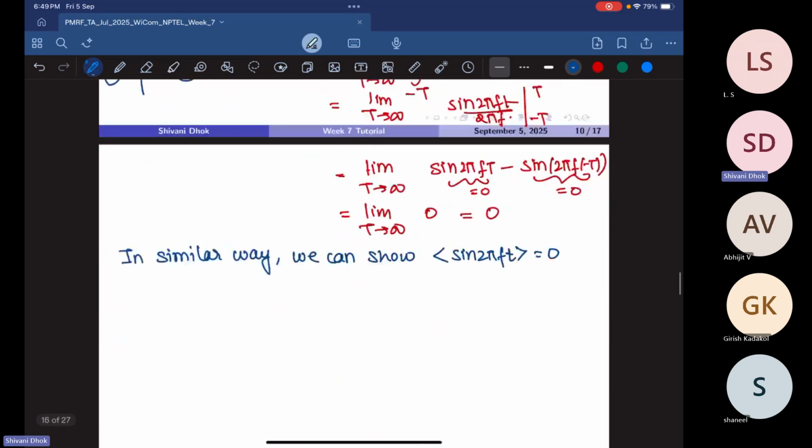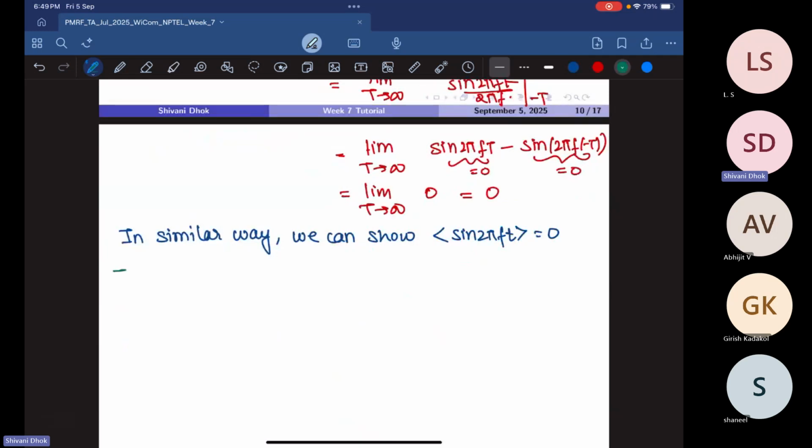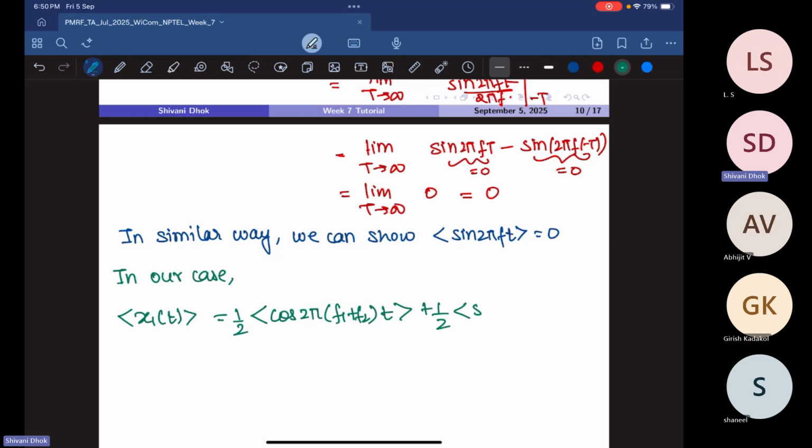Now let's go back to the example that we had. In our case, we had x1 of t equal to half of the time average of cos 2 pi (f1 plus f2)t plus half of the time average of cos of 2 pi (f1 minus f2)t.